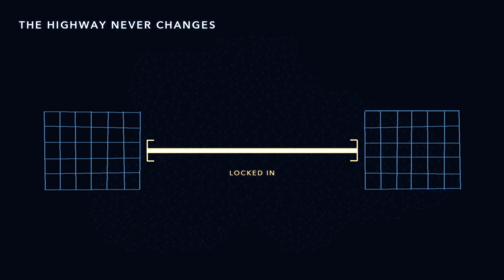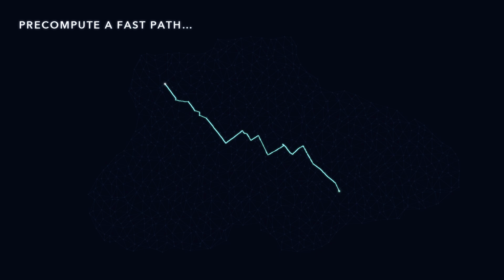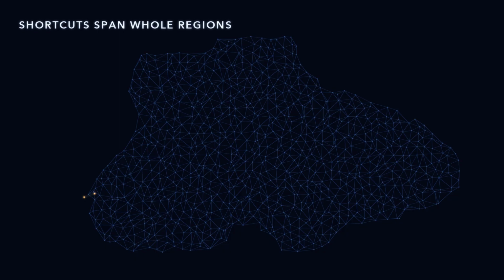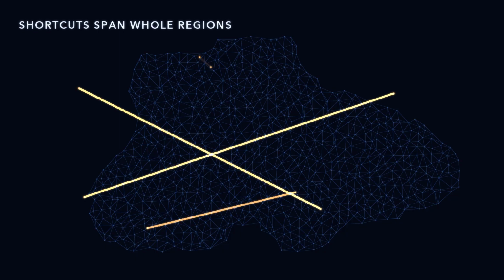Ahead of time, the system studies the map and precomputes fast paths across whole regions, and stores them as single long edges. So instead of a highway made of 1,000 little segments, you get one shortcut edge that says, Region A to Region B, here's the time, already worked out.